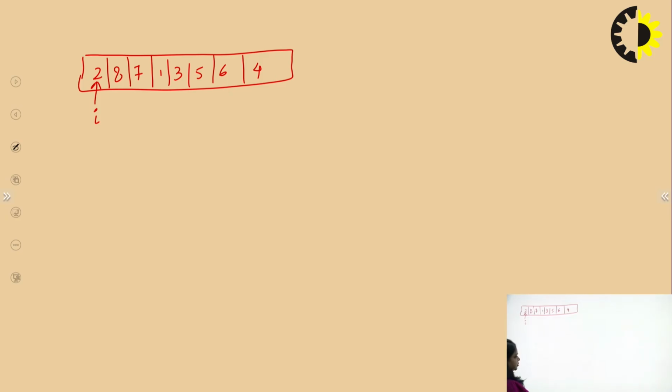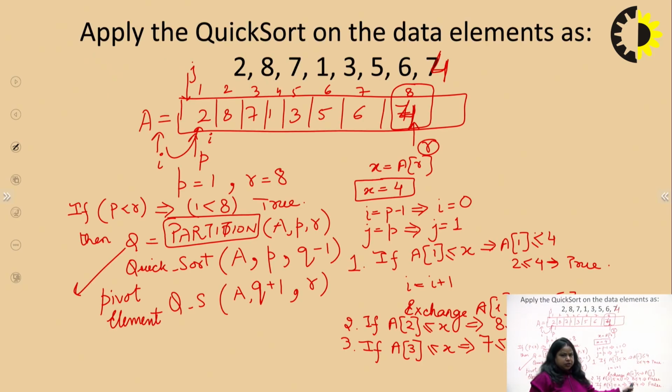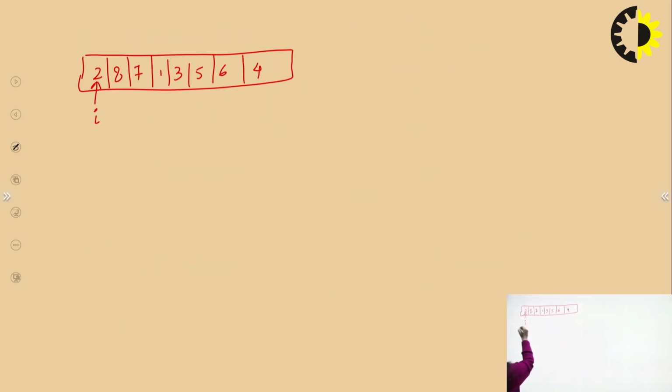Now because both the conditions are false up to step number 3, j will move to 4, right? So in step number 4, if A4 is less than or equal to X. Now what is A4? This is j. So A4 is 1. 1 is less than or equal to 4.